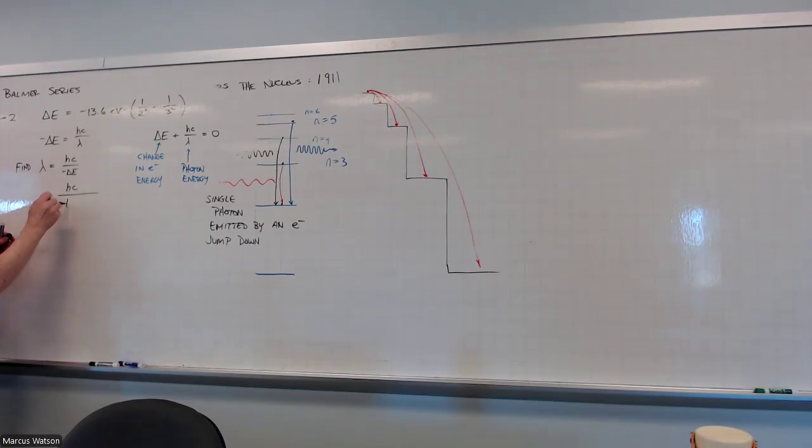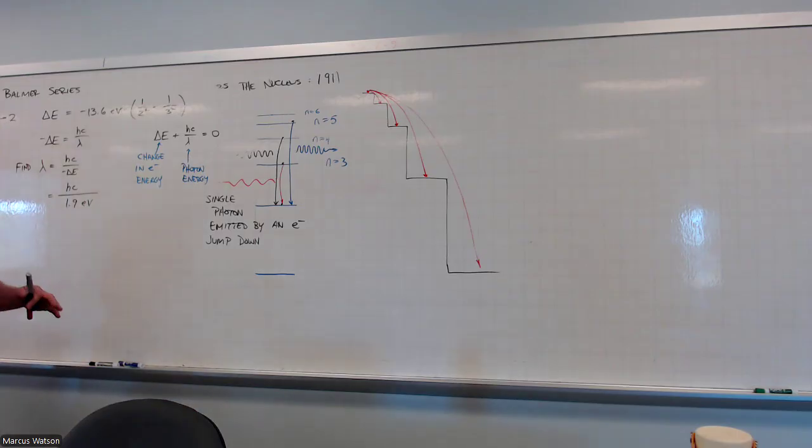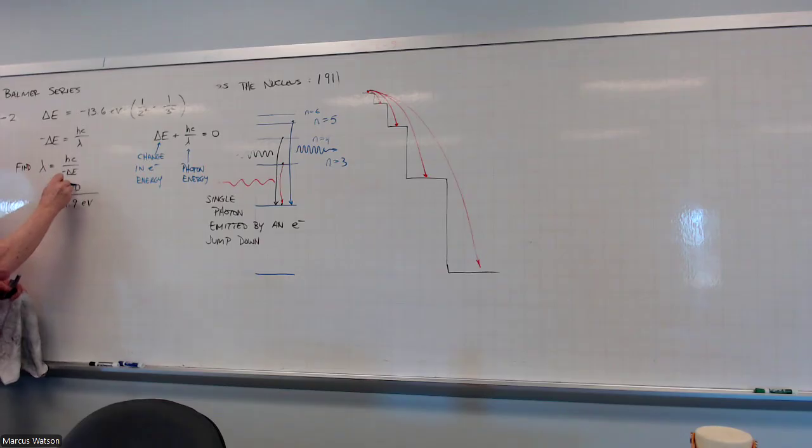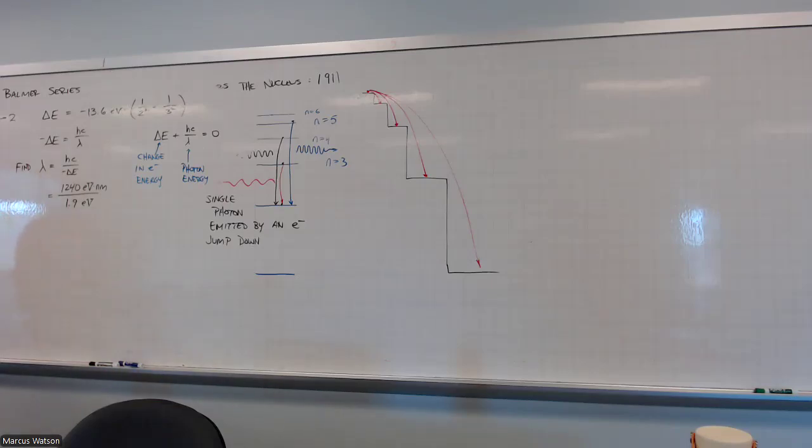It's 3.4 and 1.5, so it's about 1.9 eV. Oops, I forgot the hc. I should put the 1240 in for the hc here. That seems reasonable. Is that what you got? Yeah, because this is a number like 3.4 and that's a number like 1.5, so about 1.9 should be about right.